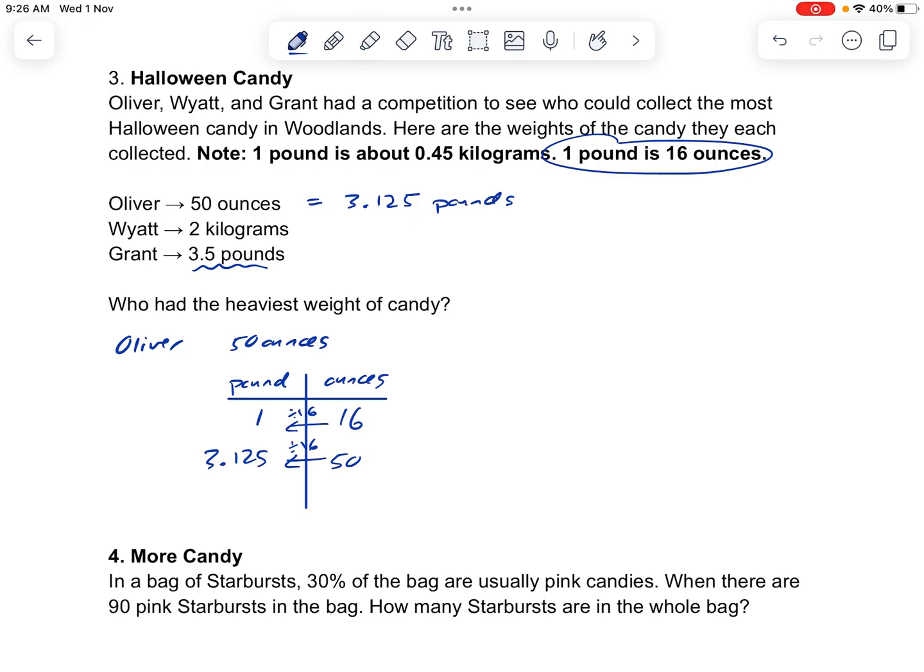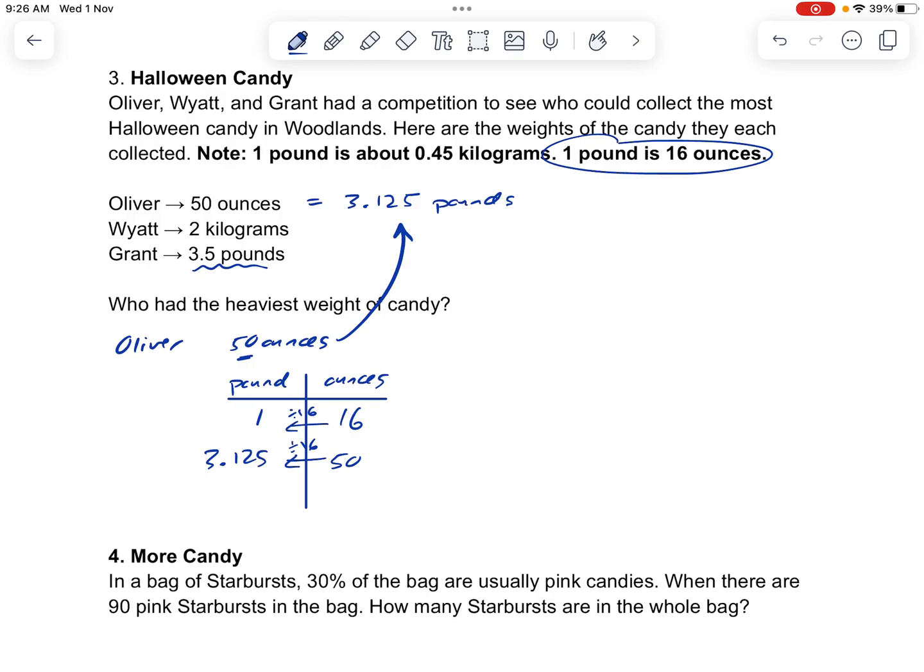Now, the way to do this without setting up a table and all that, which is fine, is if you know that a pound weighs more than an ounce. And so when I'm converting from ounces into pounds, the number should be getting smaller, okay? Because it should take fewer pounds to equal that many ounces.